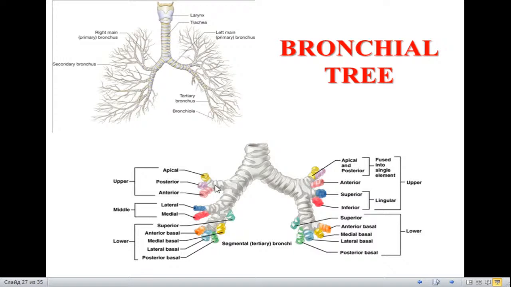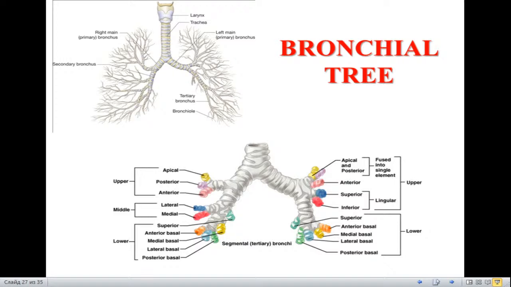Then each main bronchus divides into lobar bronchi. The lobar bronchi are the bronchi of the second order, and each lobar bronchus divides into segmental bronchi. So segmental bronchi are the bronchi of the third order.